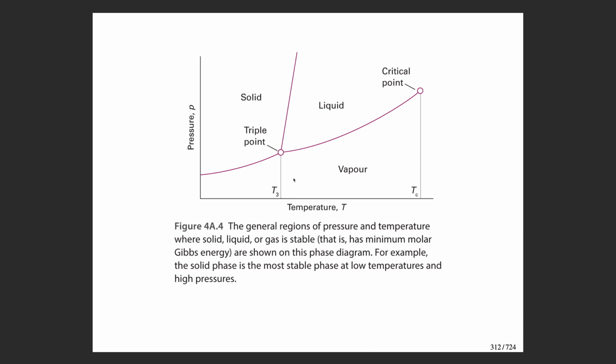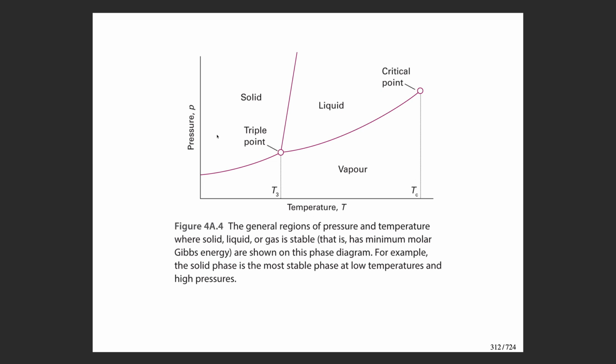So at low temperatures and high pressures, the solid phase is favored. At moderate temperatures and moderate pressures, the liquid phase is favorable. At very low pressures, the gas, the vapor phase, is favored. Okay, so these are the different regions that you see here.